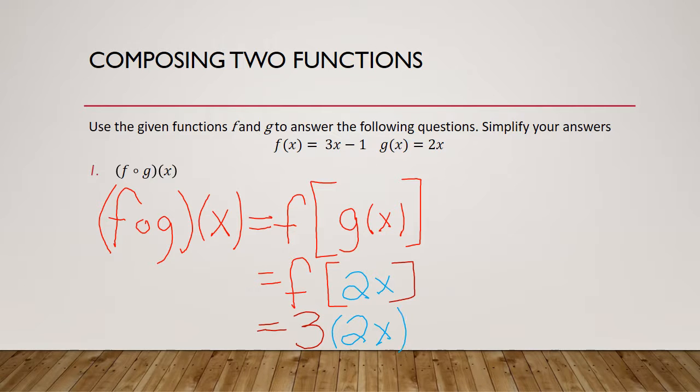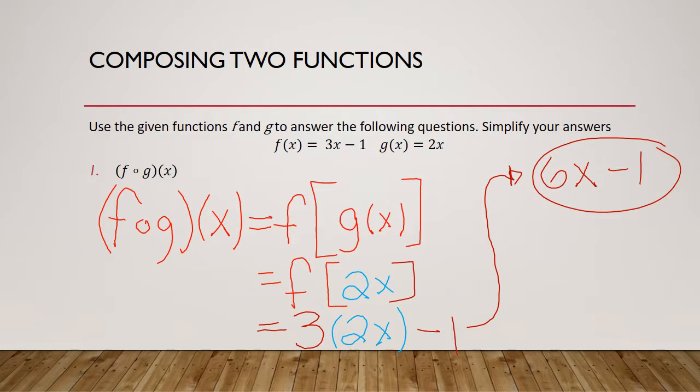So I have 3 times 2x, and then subtract 1. So I can do that. 3 times 2x is 6x. Subtract 1. So the new function, which is called f of g of x, is the function 6x minus 1.